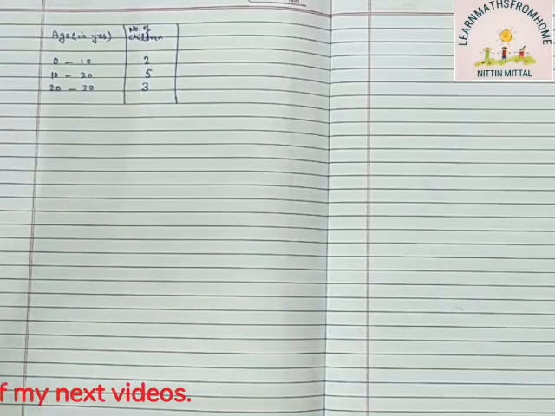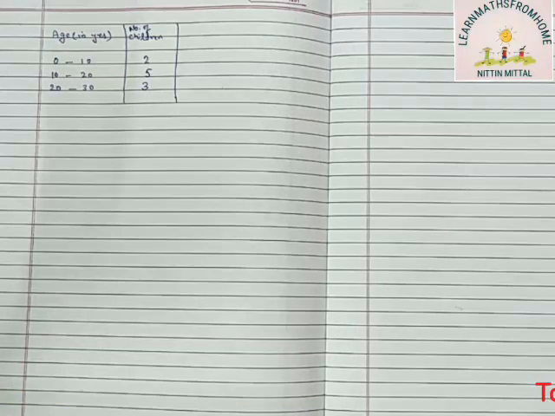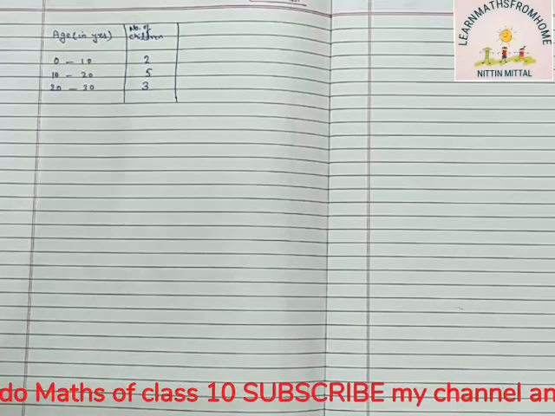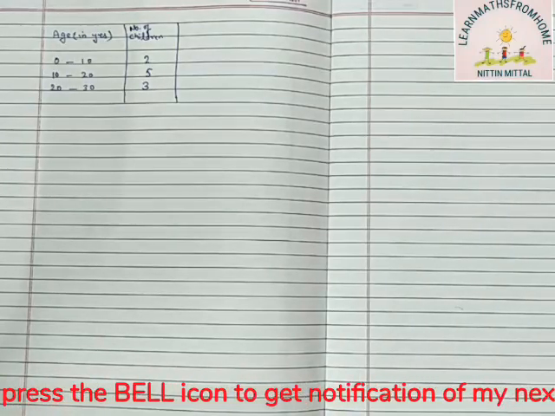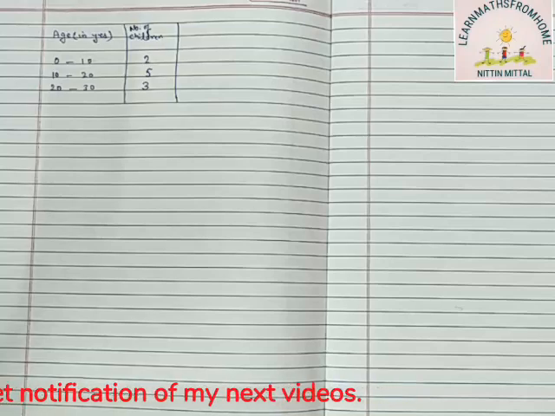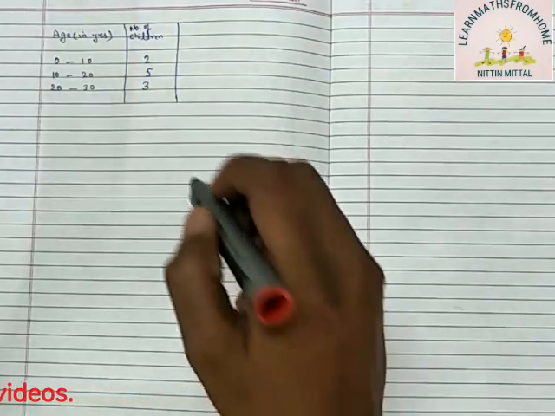Now what we have to do for making less than type frequency distribution table: in less than type frequency distribution table we are supposed to write upper limits.